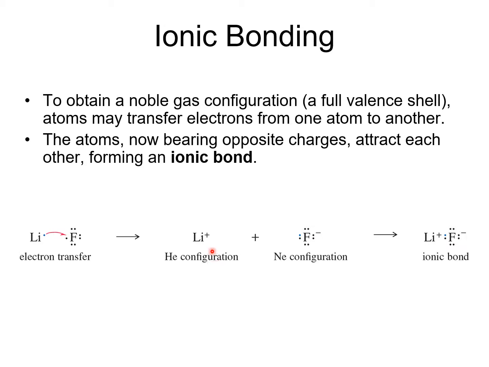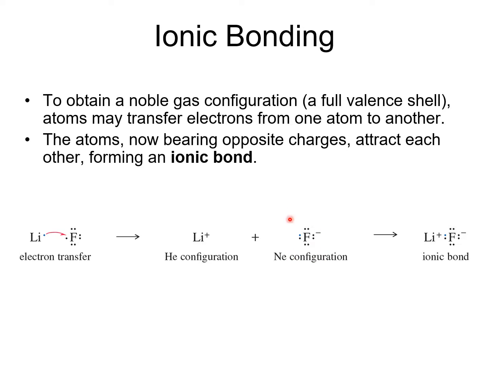When we got rid of that last electron, you actually go down 1 energy level, down 1 principal quantum number to a lower period of the periodic table. And now we have the noble gas configuration of helium. It actually is a full valence shell. It's just not the outer shell that you originally started off with.